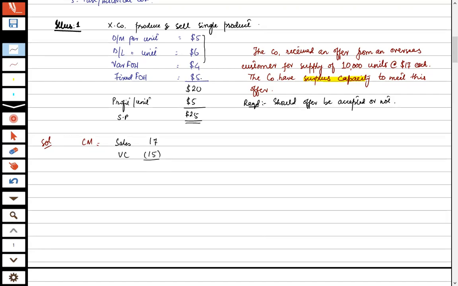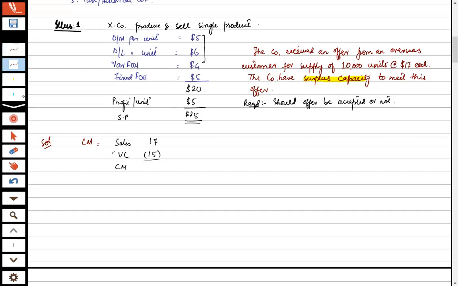I'm confused why the variable cost is equal to the manufacturing cost. What is the confusion basically? We know that manufacturing cost is equal to direct material plus direct labor plus variable FOH. So here you said the variable cost is 15, equal to the manufacturing cost. No, it is not. We are taking the CM, and for the CM you need the variable cost.